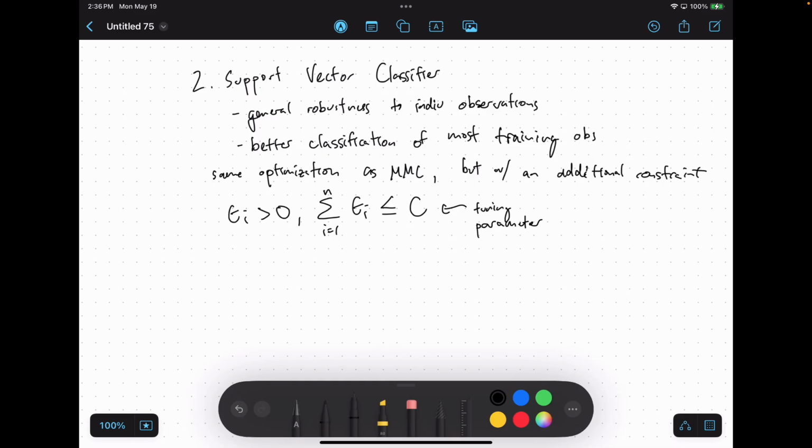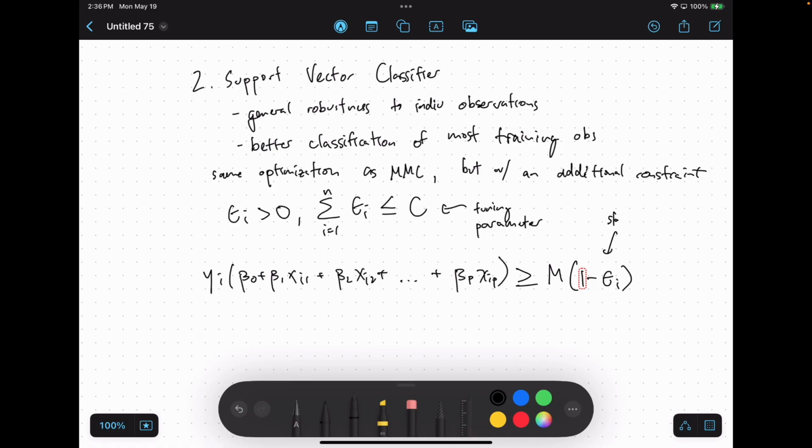And essentially what that does, so let me write out our constraint, y_i (beta_0 plus beta_1 x_i1 plus beta_2 x_i2, and so on, beta_p x_ip) is greater than or equal to M times (1 minus epsilon_i). So this is our slack variable.